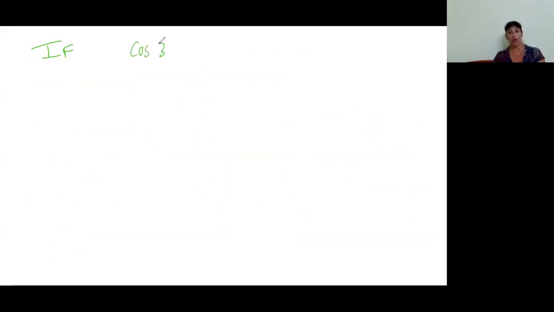If cos 30 equals A, find, and then they'll ask you something like, find sine of 150, for example. Okay, so they're giving you this, so this is what you need to work with.